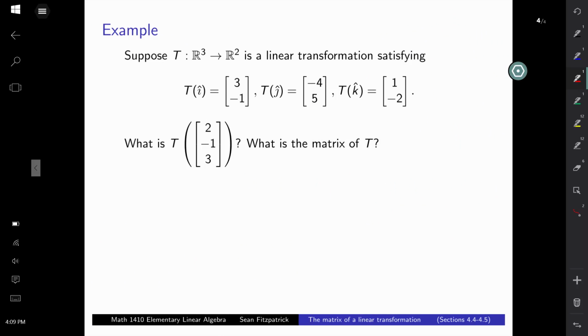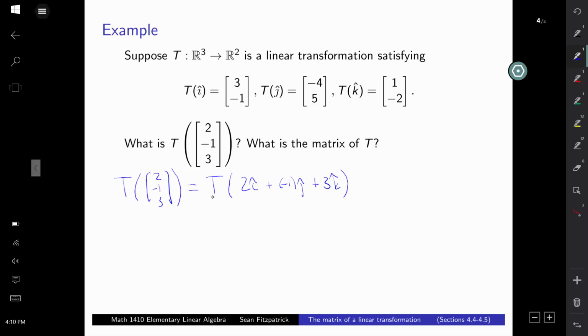Here's another example, this time going from R3 to R2. I've given you the value on i, j, and k. I want to calculate the value of T on some other vector, 2, minus 1, 3. There are two ways to do this. One way: T of 2, minus 1, 3, if I write that vector in terms of i, j, and k, is 2i plus minus 1j plus 3k.